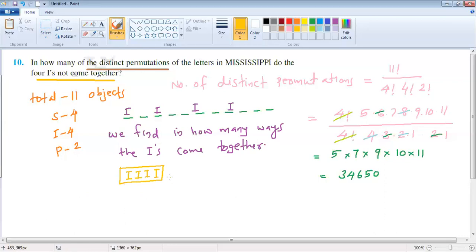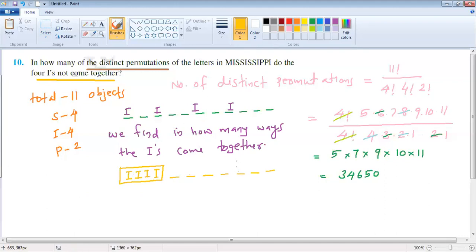So now remaining there are 1, 2, 3, 4, 5, 6, 7 positions. So in total you can consider it as 8 units, 8 alphabets. So we are going to find how many ways these 4 I's can come together. So we took all the 4 I's together as a single unit.